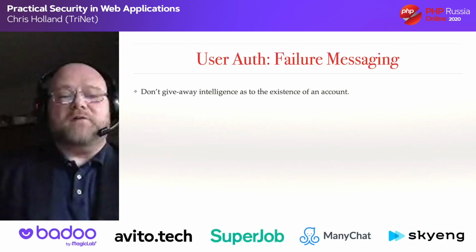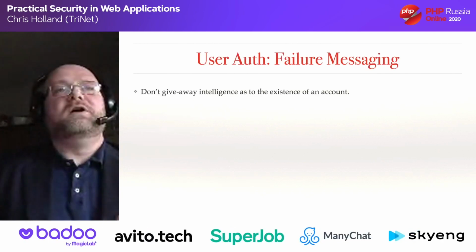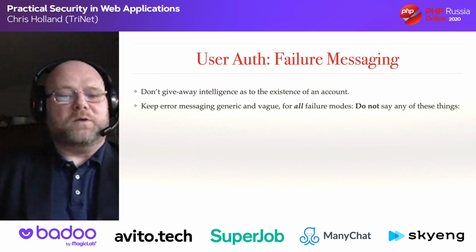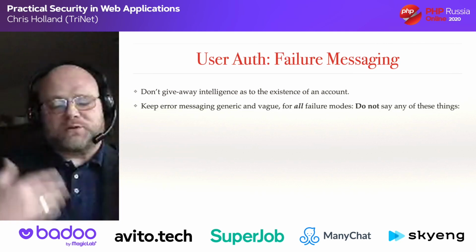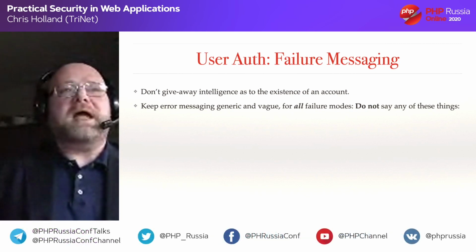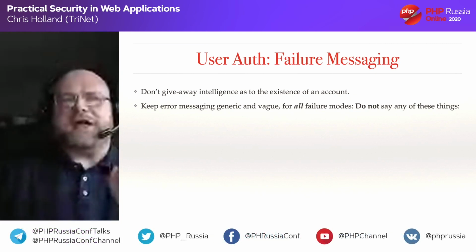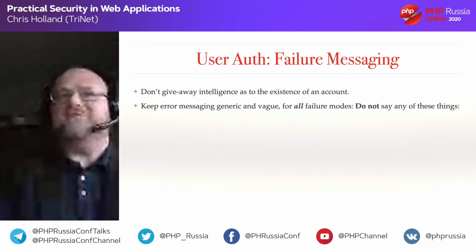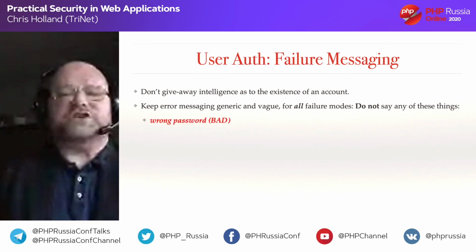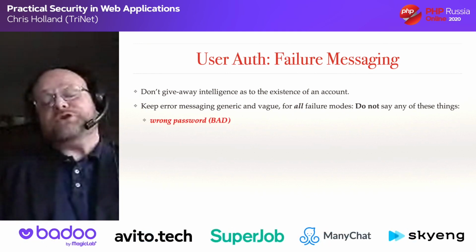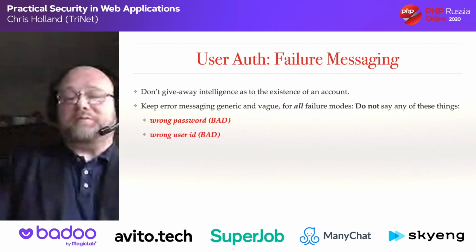So failure messaging, you don't want to give too much intelligence. If somebody enters the wrong password or wrong username, you don't want to tell them, hey, you entered the right username, but the password is not quite correct, please try again. You don't want to give them this type of intelligence, right? So you want to avoid saying wrong password, meaning the user ID is correct and the password is wrong.